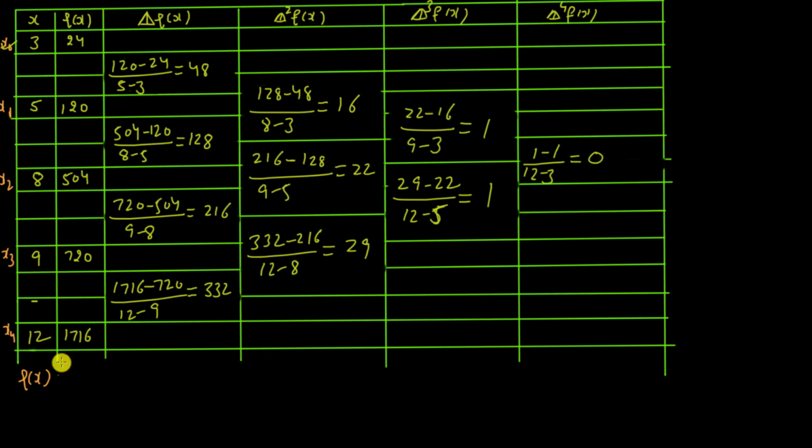So now I will be using, so this value will be f of x naught. So we know by Newton divided difference formula, this is f of x naught plus x minus x naught.